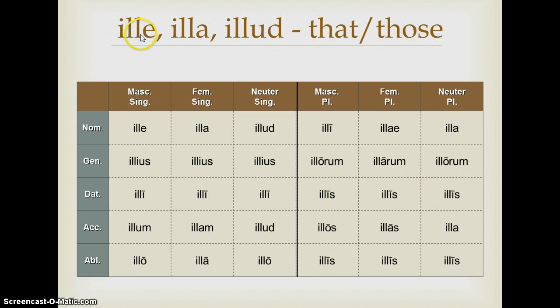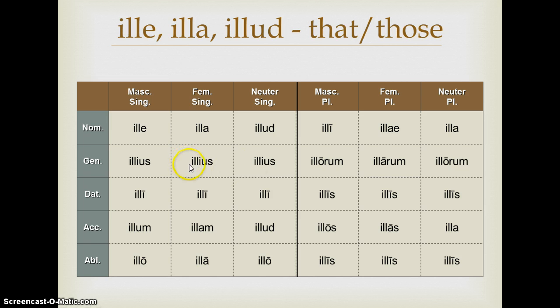Our next pronoun, ille, illa, illud, means that in the singular, those in the plural. You can see the first-second declension pattern here maybe a little bit more easily than you do with hic, haec, hoc. But again, notice the irregular genitive singular and the irregular dative singular.